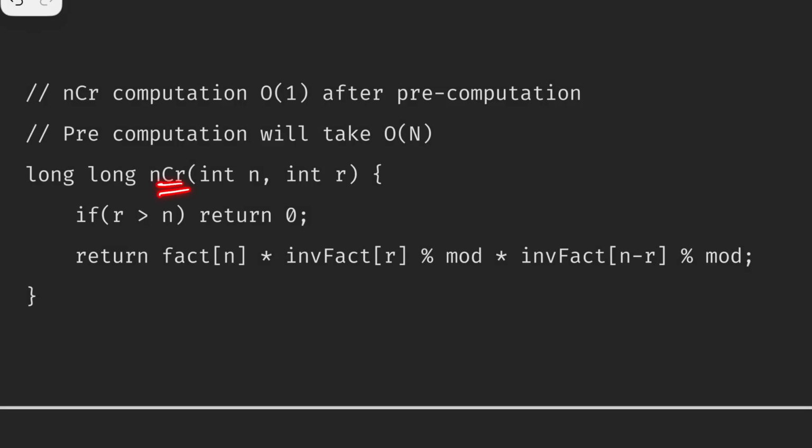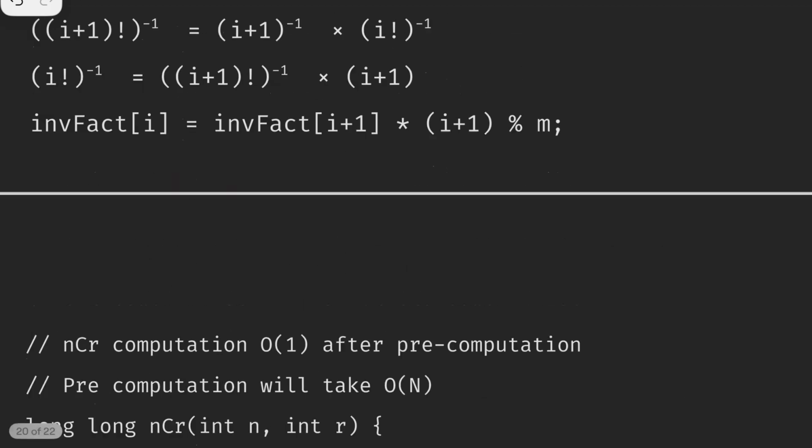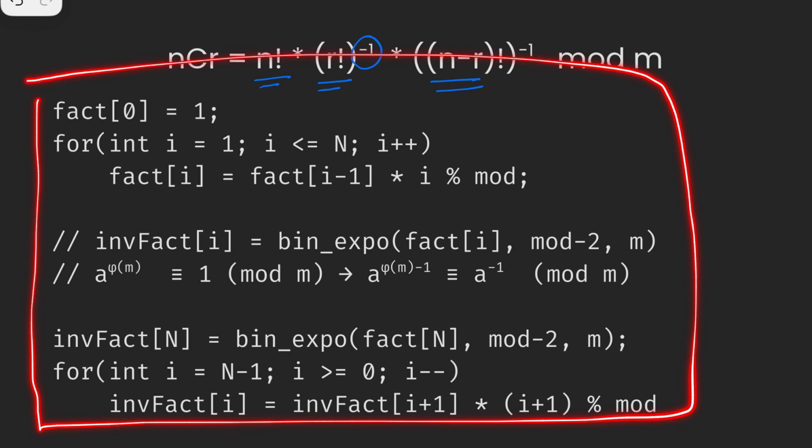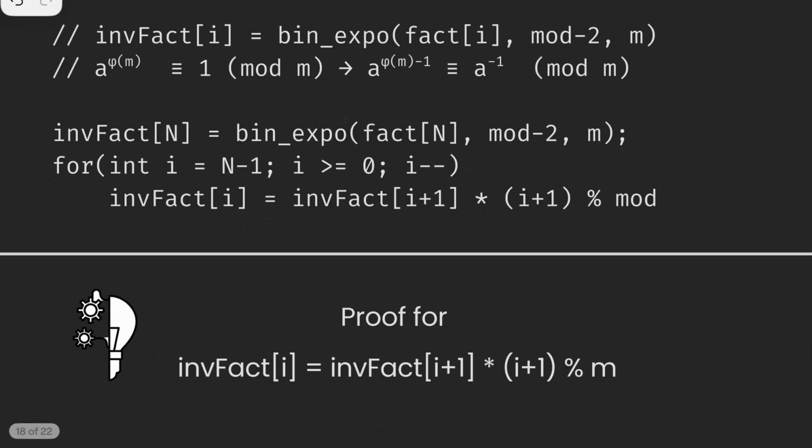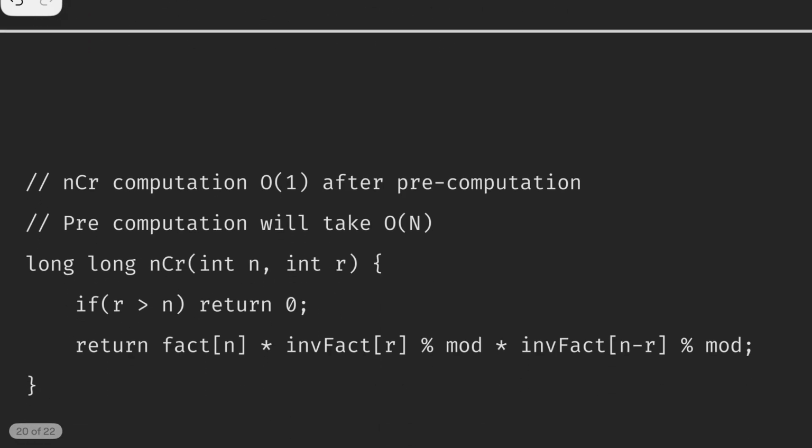So now nCr will look something like this: factorial of n, inverse factorial of r into inverse factorial of n minus r. So when they ask you a question where you need to compute nCr for various combinations of n and r, you just use this pre-computation. You compute the value of all the factorials, you compute the value of all inverse factorials, and you use those directly to compute nCr. Very simple, right?